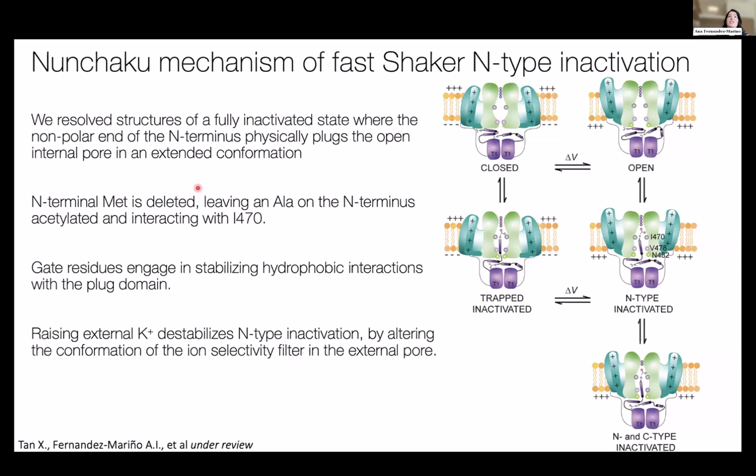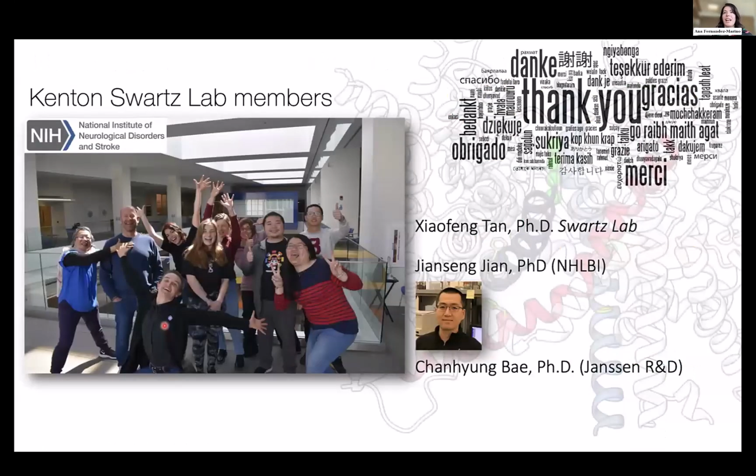We also found that the N-terminal methionine is deleted, and the alanine on the N-terminus is acetylated, interacting with 470. And we found that rising cellular potassium destabilizes the N-type inactivation by altering the conformation of the ion selectivity filter in the external pore, pulling channels from the C-type inactivated state and helping them recover from the N-type.